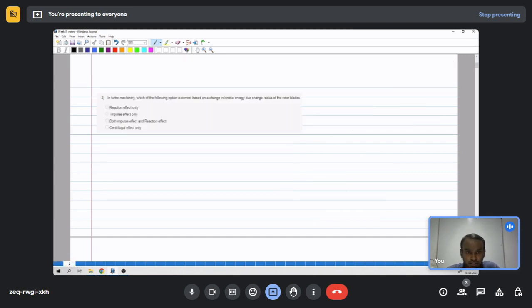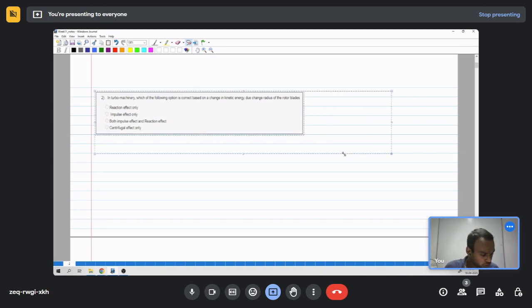In turbomachinery, which of the following options is correct based on the change in kinetic energy due to change in radius of the rotor blades? Reaction effect only, impulse effect only, both impulse effect and reaction effect, or centrifugal effect only. I hope this is visible to you.